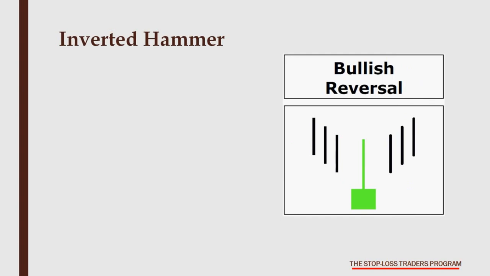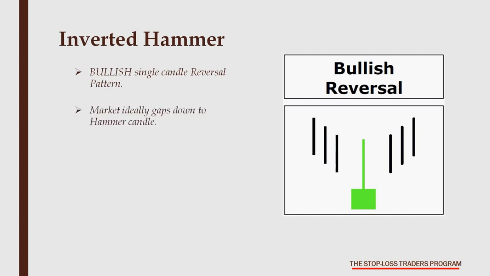So it is a bullish single candlestick reversal pattern as such. The market ideally gaps down and then gaps up to this inverted hammer candle. Color can be red or green all the time. Color of the pattern is irrelevant when it is a single candlestick pattern.